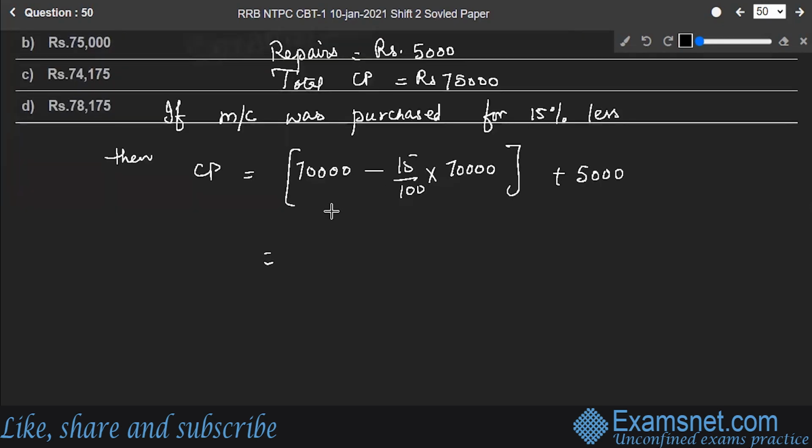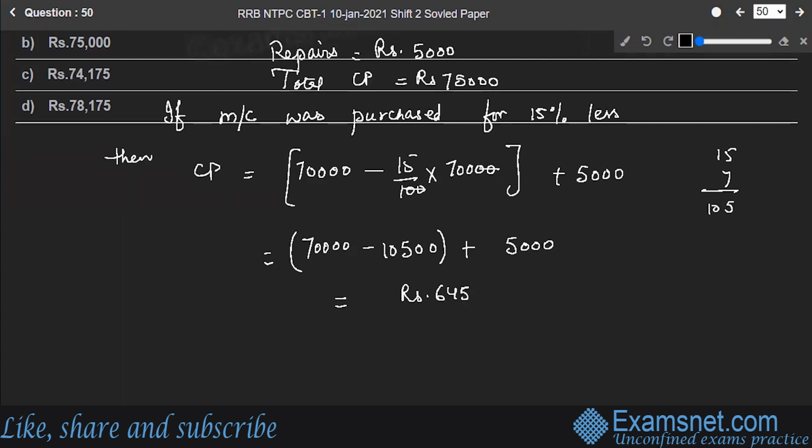Correct. So this is equal to 70,000 minus 15 sevens are 105, so 10,500, plus 5,000. This whole thing will be equal to rupees 64,500. Right? So this is the cost price of the machine if it was purchased for 15% less.